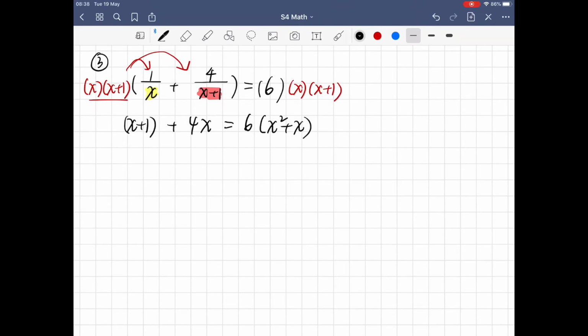Okay, so again, by multiplying both sides with the common multiples, we can remove all the fractions in the question. Okay, then we can do the simplification. For the left hand side, 5x plus 1, and for the right hand side, 6x squared plus 6x. Okay, so we can form a quadratic equation.